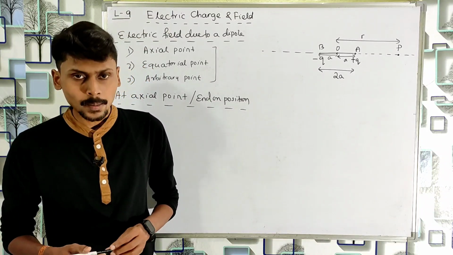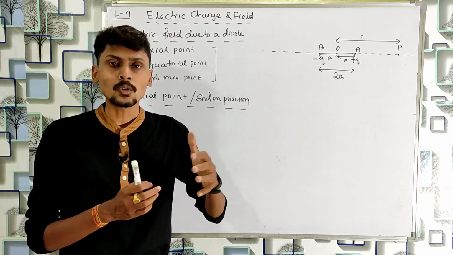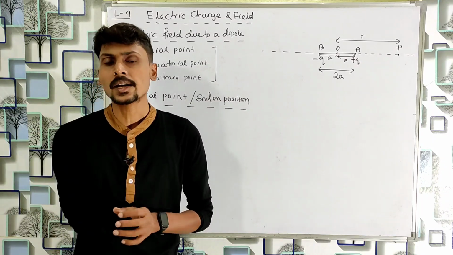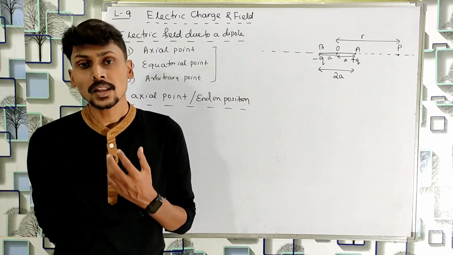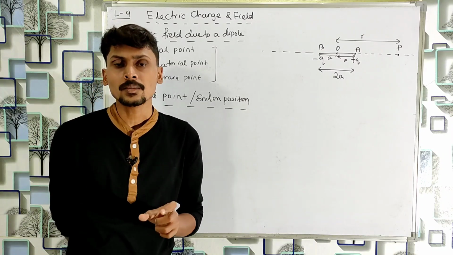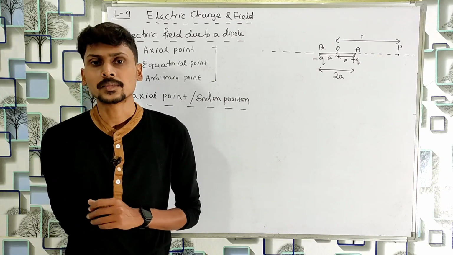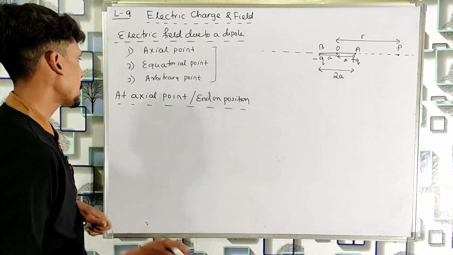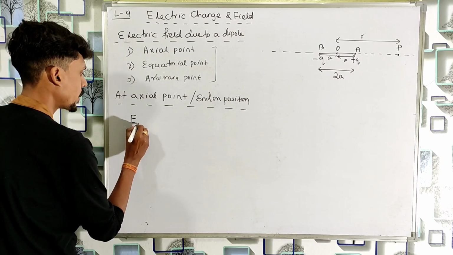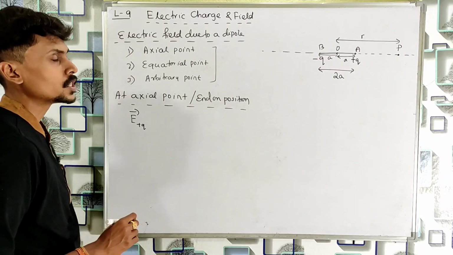When we have two or more electric fields, then to find the net electric field, you have to add all the electric fields vectorially, because electric field is a vector quantity. Is that clear?